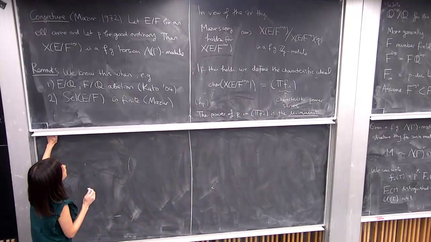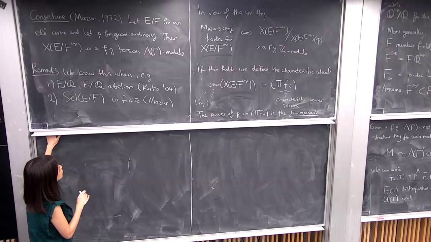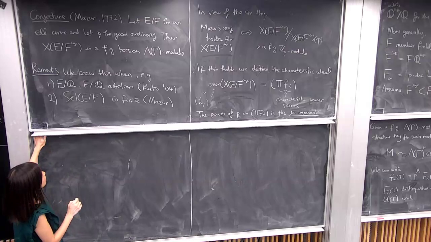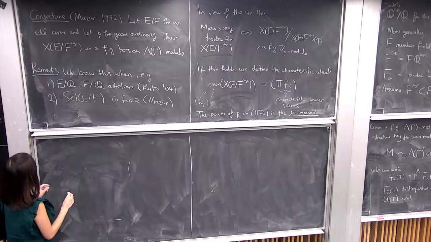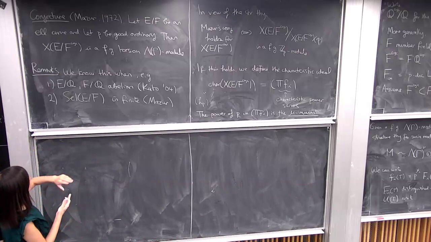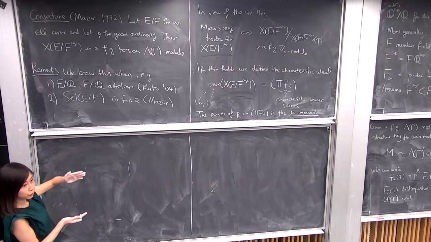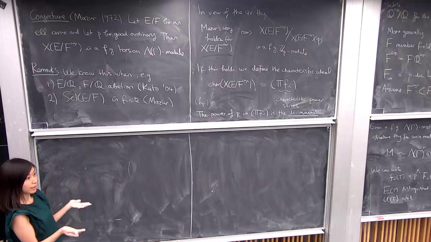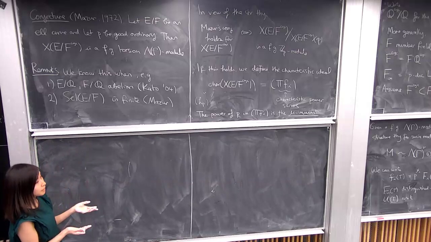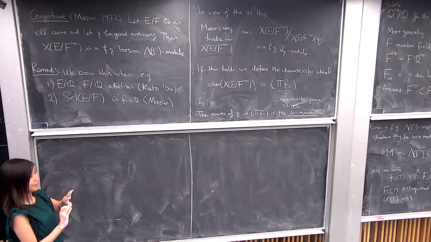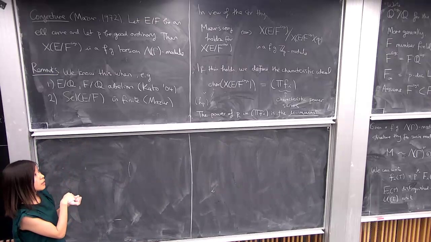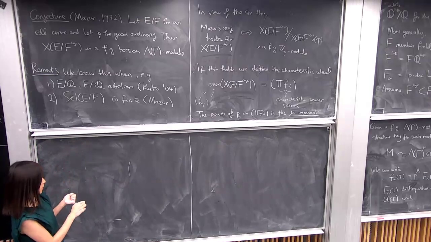So what if F infinity is not equal to the cyclotomic Z_p extension? Does the arithmetic, namely the Selmer group of E over F infinity, relate in any way to the Selmer group of E over the cyclotomic Z_p extension, if F infinity contains this cyclotomic Z_p extension?